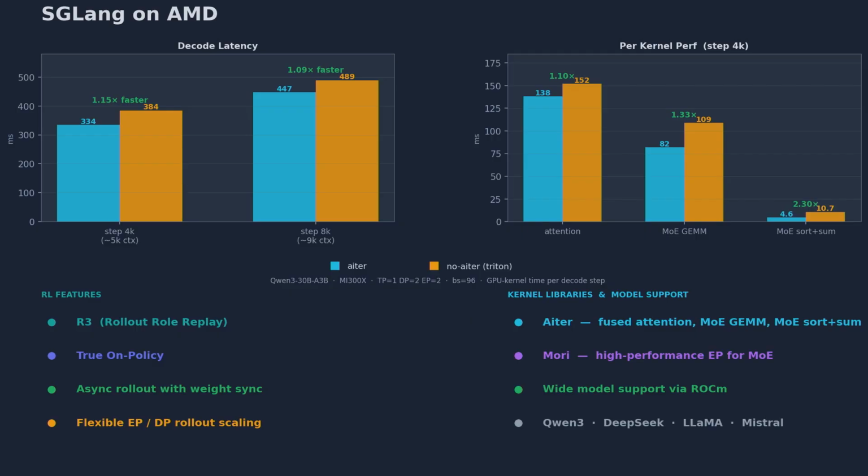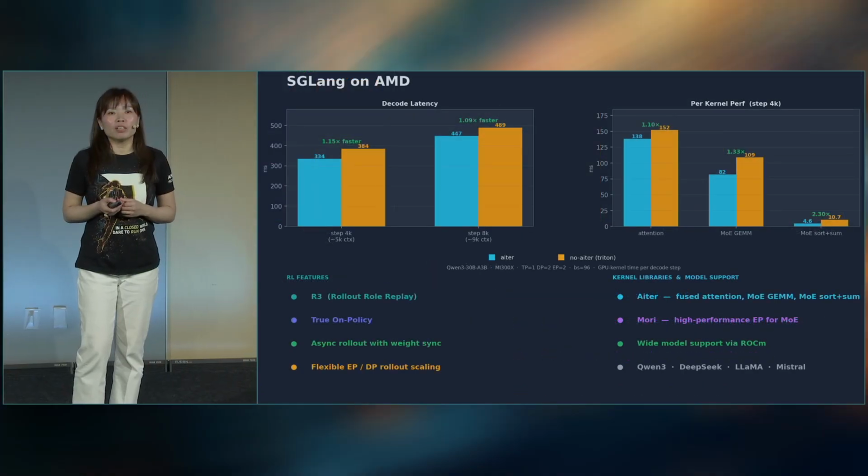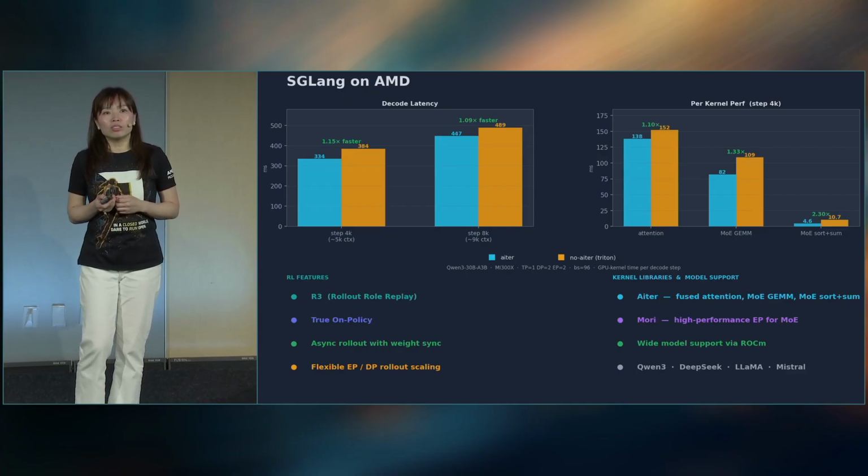They all come from our AITER library. Beyond AITER, we also support MORI, a high-performance EP backend, which we will explore for future improvements. Major RL features are already enabled on SGLang, like R3, true on-policy, and async rollout with sync, and it also enables flexible EP and DP rollout scaling. Moreover, we have broad model coverage, like DeepSeek, Qwen, Llama, and many others.